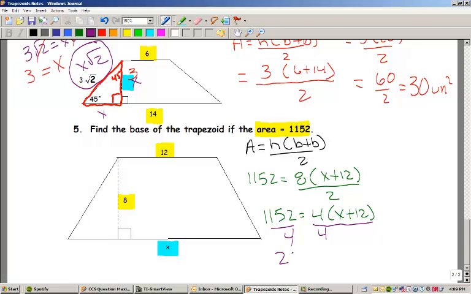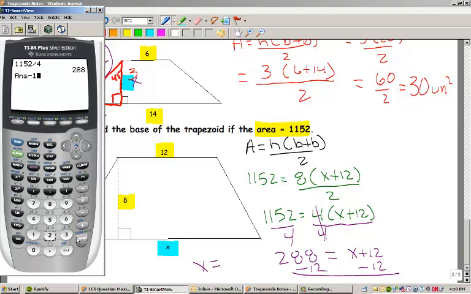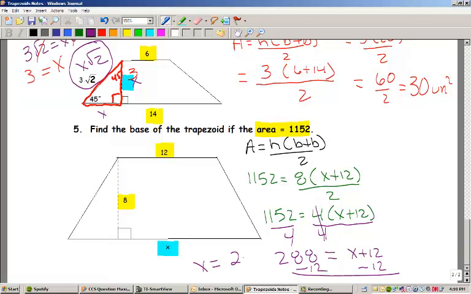That's 288. So 288 equals, 4's canceled, x plus 12, subtract 12 from both sides, and we finally get x to be, just subtract 12, 276. So again, this is a length, so it would just be in units.